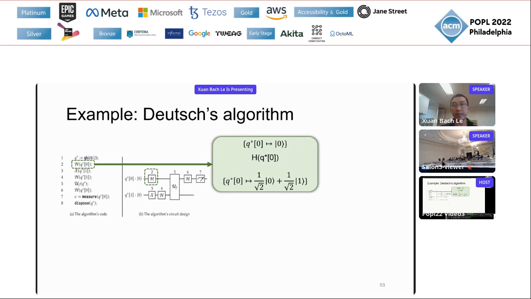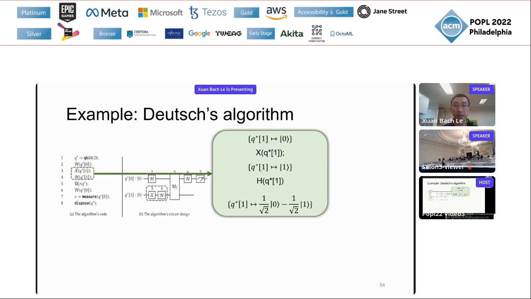After applying the Hadamard gate, the state of Q0 is transformed from the classical state 0 into the superposition of 0 and 1. Similarly, the transformation of Q1 can be reasoned locally, where we first use the Pauli-X gate to flip the state of Q1 from 0 to 1 before applying the Hadamard gate to obtain the superposition for Q1.